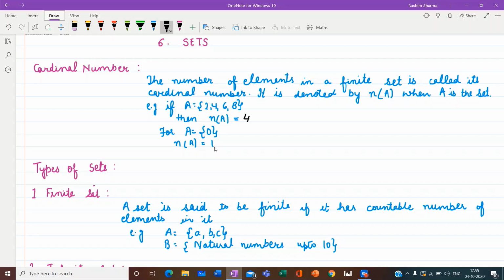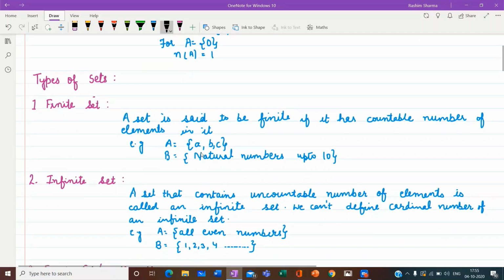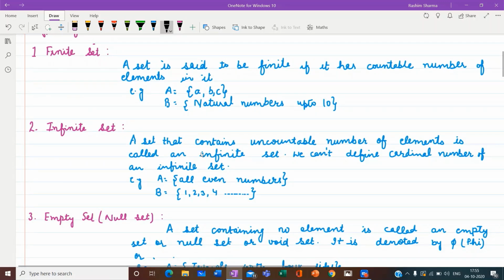Alright. Then we have types of sets. First is finite set. A set is said to be finite if it has a countable number of elements in it, means we can count the number of elements in it. Let us take this example: set A has elements a, b, c. So we know there are 3 elements.